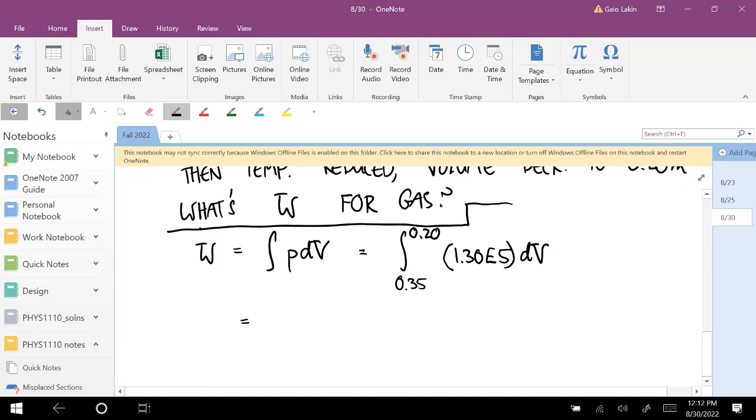And so this just becomes 1.30 times 10 to the fifth times 0.2 minus 0.35. And if you multiply that out, you get 19,500 joules negative.